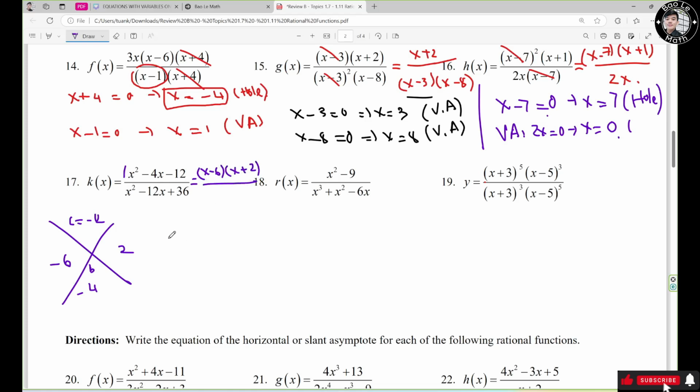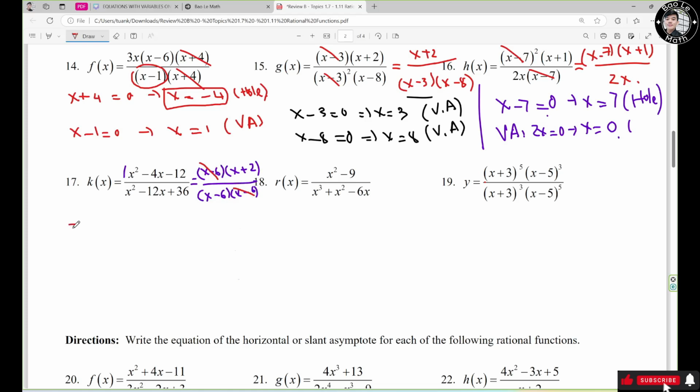Now for the bottom, you still use the AC method, right? Find two numbers that multiply to 36 and add up to negative 12. It's going to be negative 6 and negative 6, right? So the bottom should be s minus 6 times s minus 6, right?